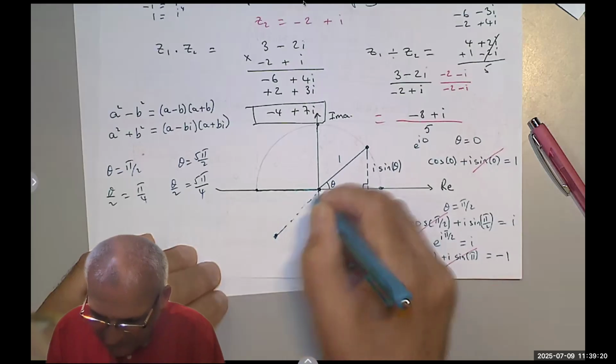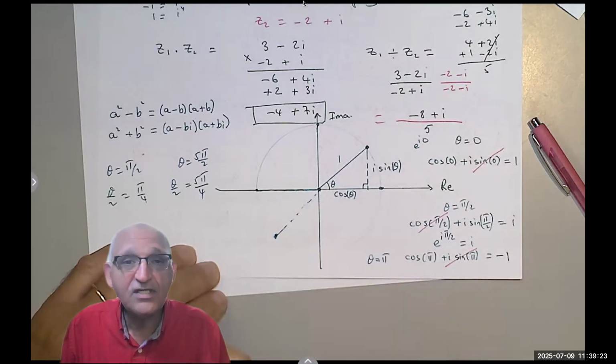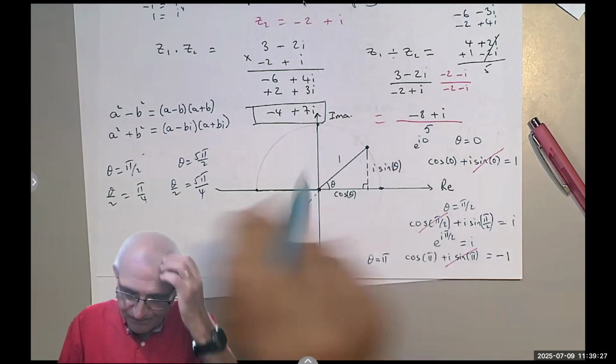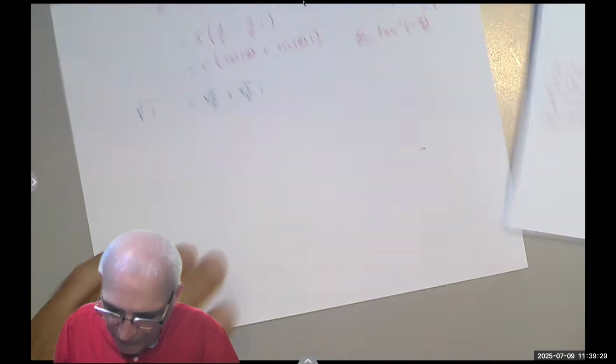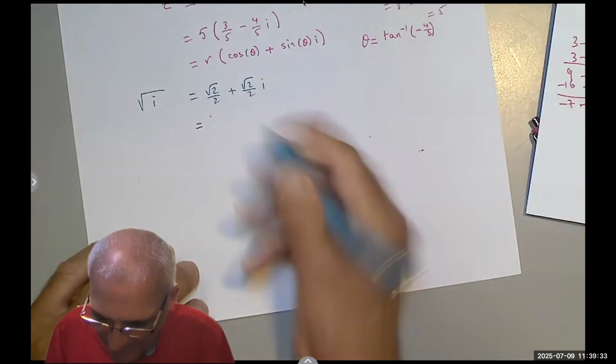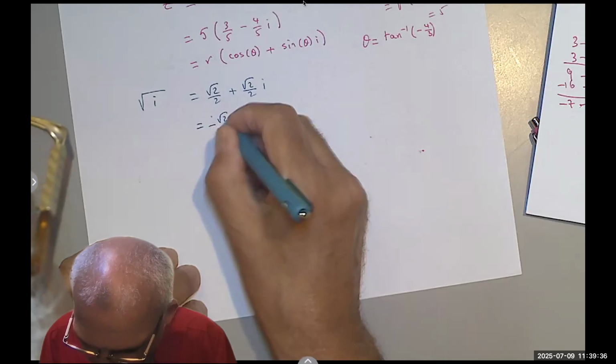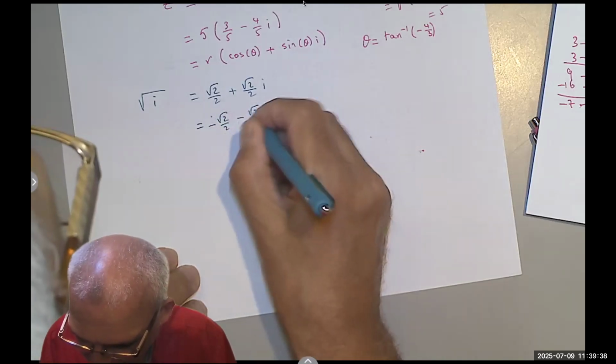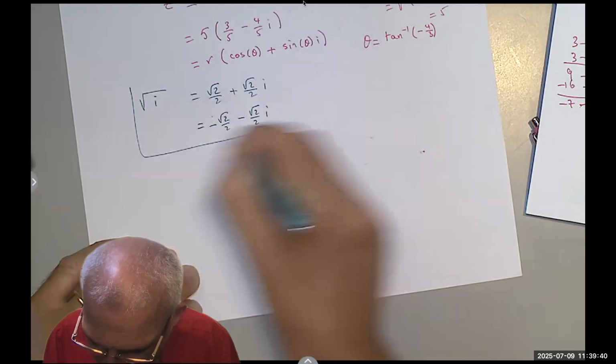This complex number is also such that when I square it, I should get i. I am in the third quadrant, so that would be negative root 2 over 2 minus root 2 over 2 i, and that's the other square root.